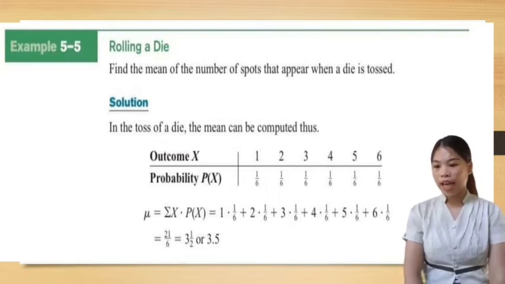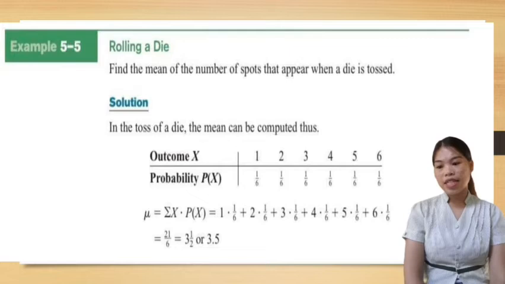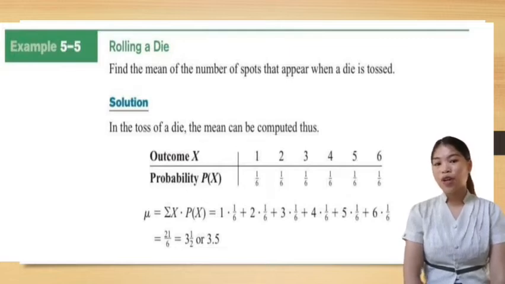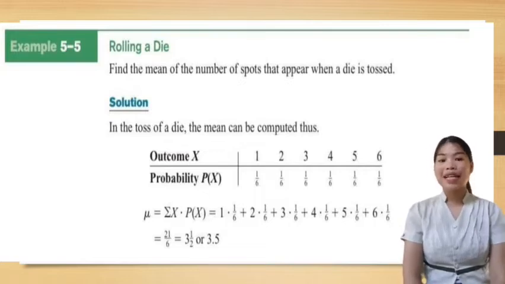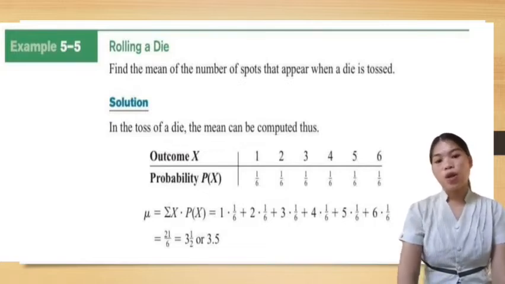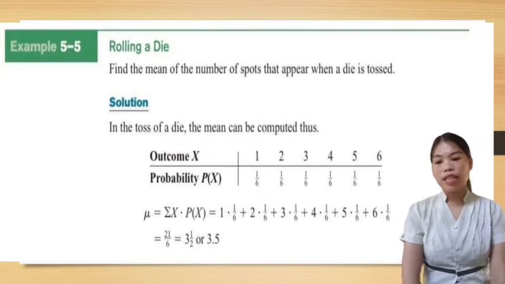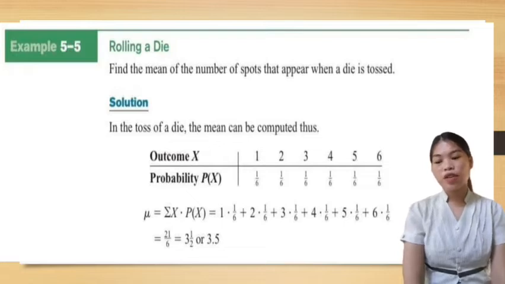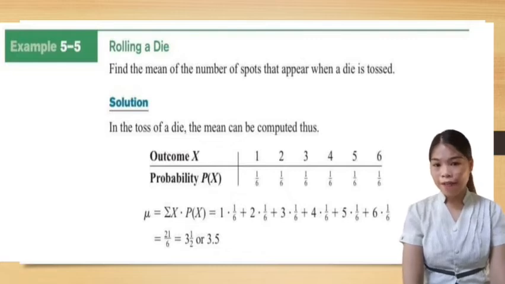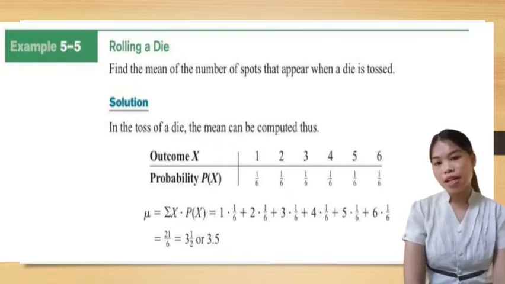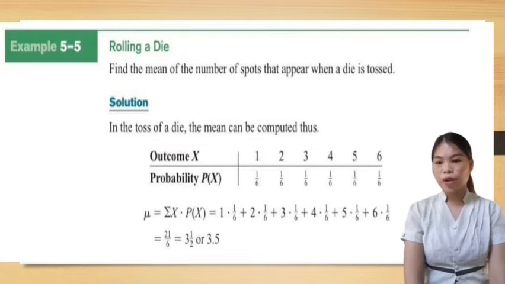So we multiply: 1 times 1 over 6 plus 2 times 1 over 6 plus 3 times 1 over 6 plus 4 times 1 over 6 plus 5 times 1 over 6 plus 6 times 1 over 6. The total is 21 over 6. We reduce it to lowest terms, which is equal to 3 and 1/2. Converted to a decimal, that is equal to 3.5.